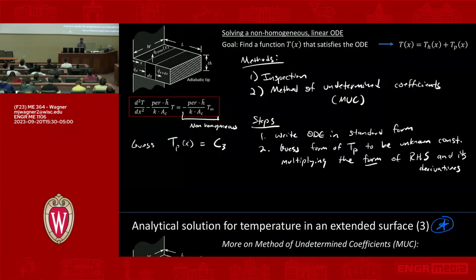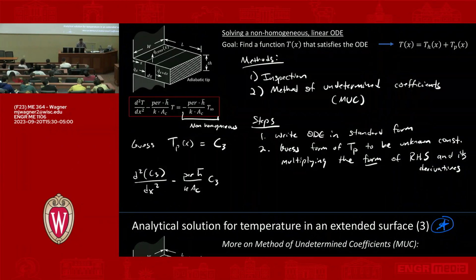So d squared C3 over dx squared minus perimeter h bar over k A_C times T, which is now C3, is equal to minus perimeter h bar over k A_C times T infinity.